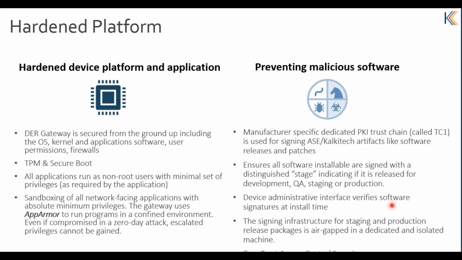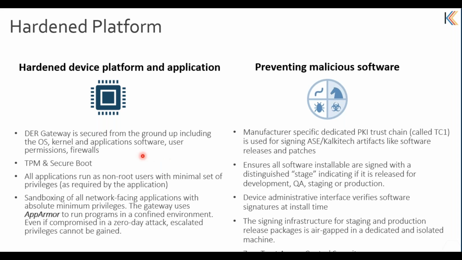Talking about the security in detail. The hardware platform, which is the gateway or the embedded module, comes with different levels of security. All the hardware is secured from the ground up, including the OS being hardened, application software, and the firewall enabled in the hardware.